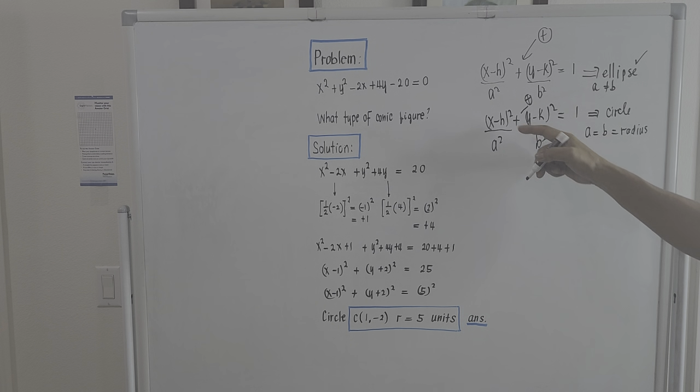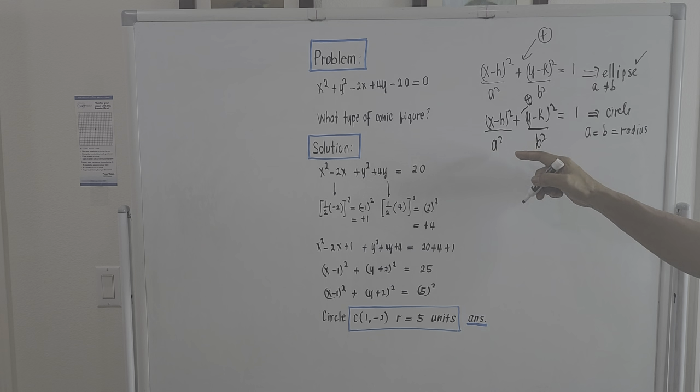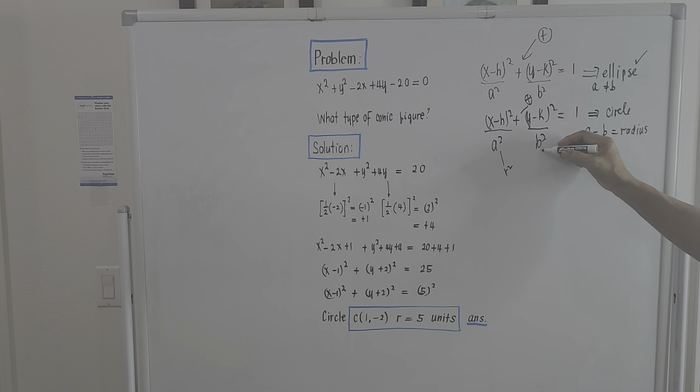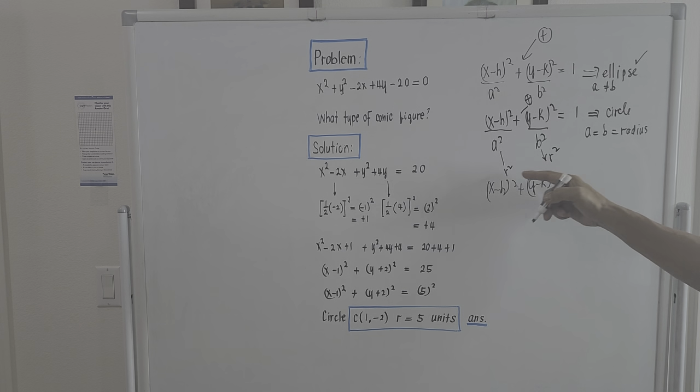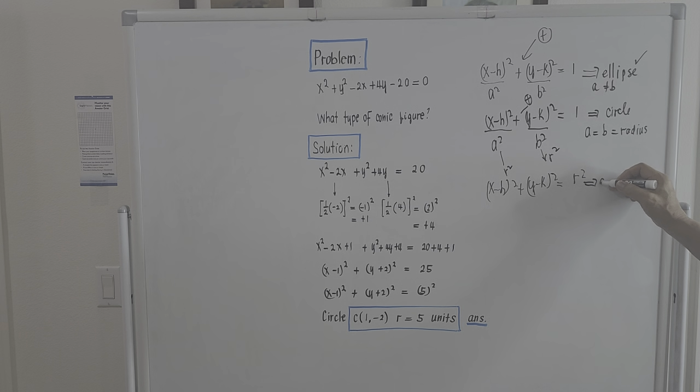So in here, if this will be equal to r squared, and this will become r squared, what will come out will be (x minus h) quantity squared plus (y minus k) quantity squared equals r squared, and this should become a circle.